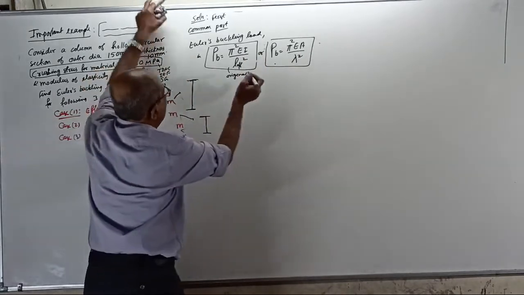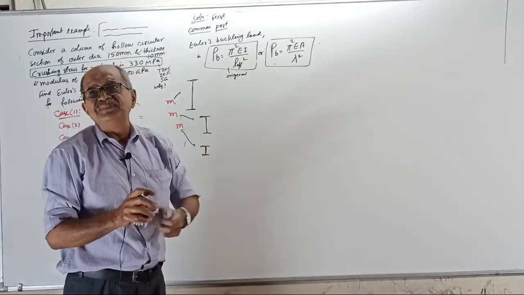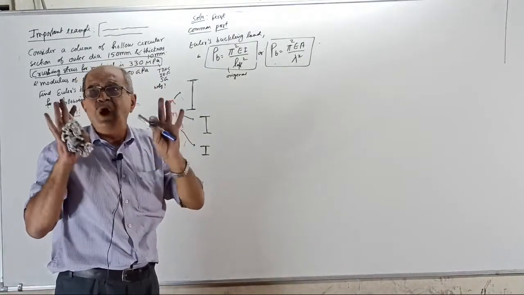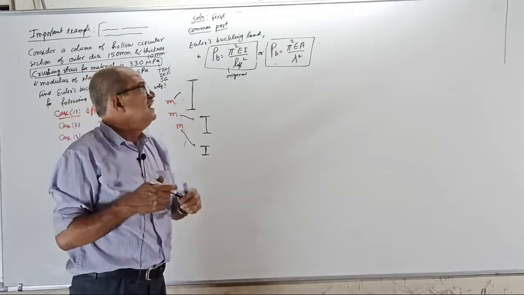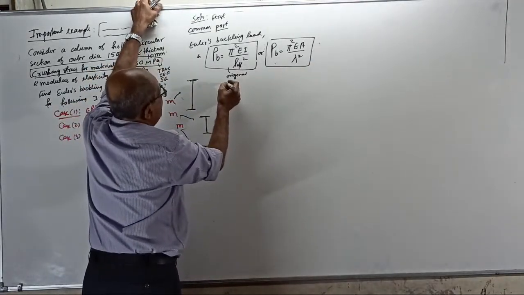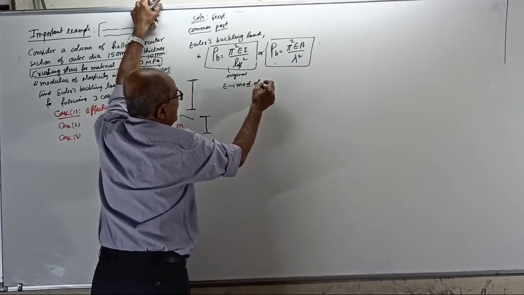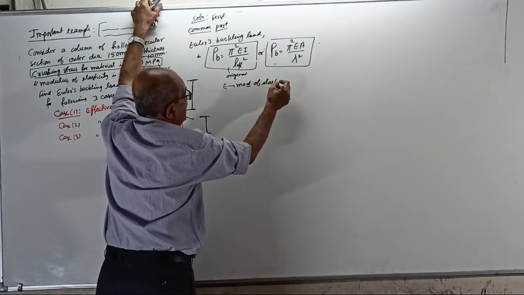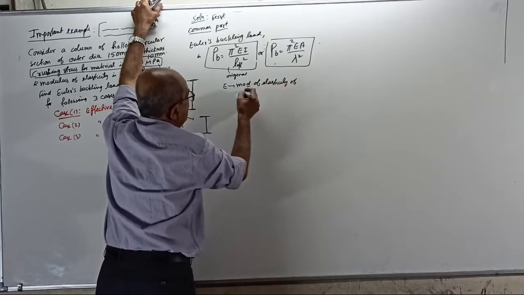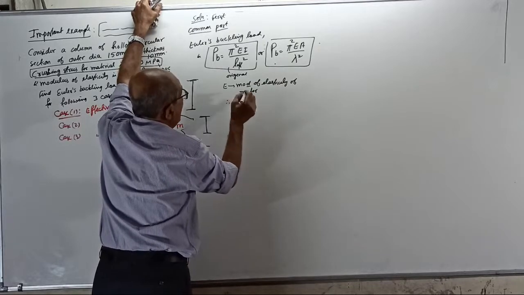We are discussing strength of materials when effective length is the same with respect to both the axes. Very important. Now here is the common data. E is the modulus of elasticity of the material.